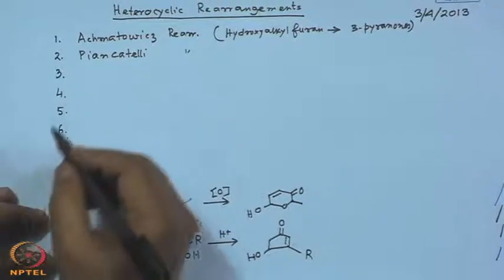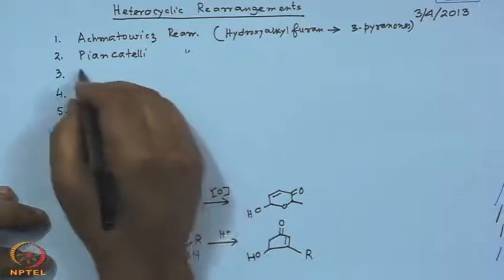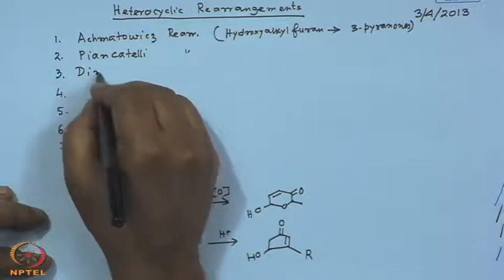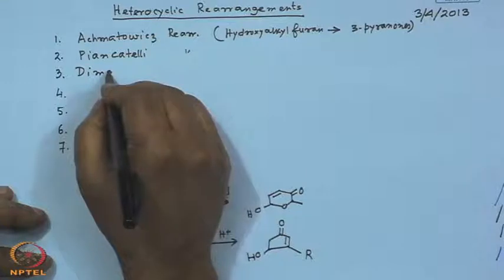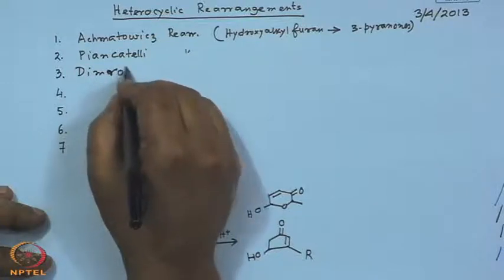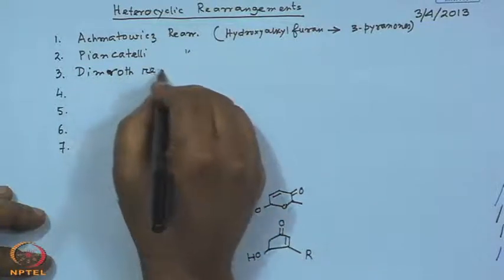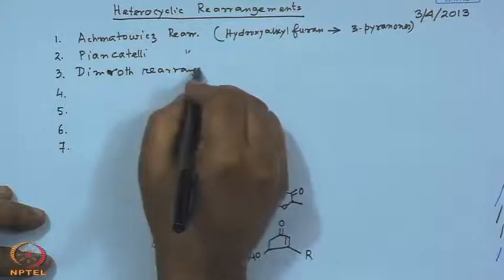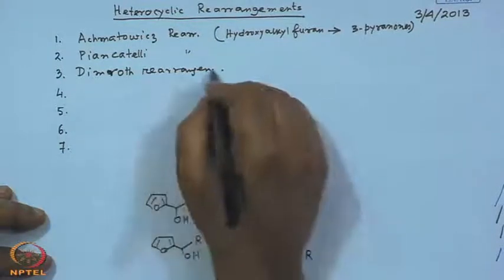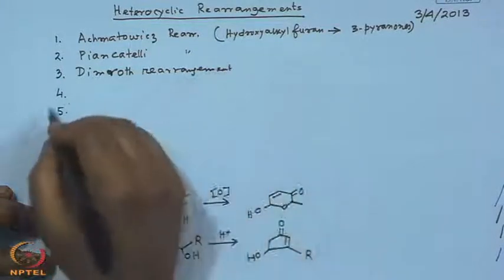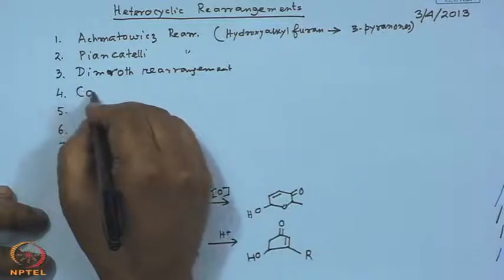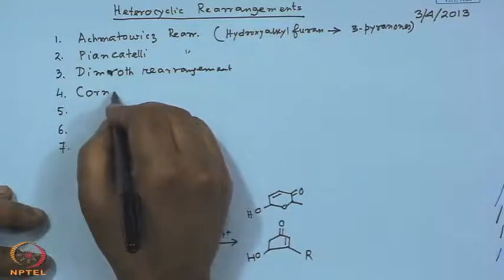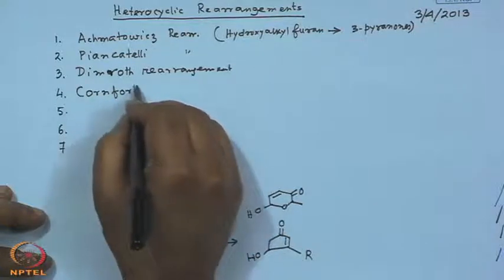Okay, and the third one I will talk about is quite famous. This is known as the Dimroth rearrangement. That I will talk about. Then there is a pretty interesting reaction, again the Cornforth rearrangement.